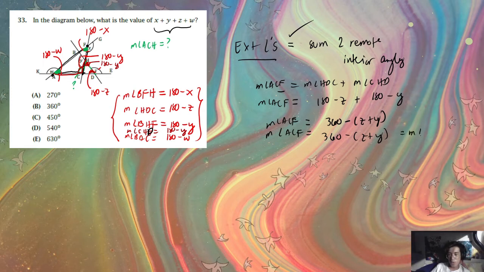Why are they equal? Because angle ACF and ACH share the common vertex C at their center, so they must be the same. So the measurement of this angle over here is 360 minus quantity z plus y, and we already know the measurement of this angle, 180 minus w. So we just need to find the measurement of angle AFC.